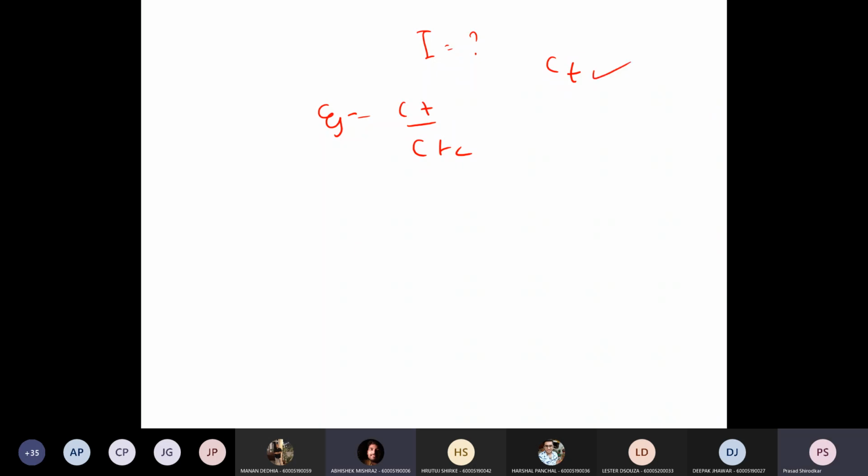So C torsional, the damping constant, is the same as the damping coefficient. Okay, so C torsional is zeta into C torsional critical, so that is zeta into 2 into I into omega n. All right. So you know I, you know omega n, you know zeta. So substitute and tell me the value of CT.